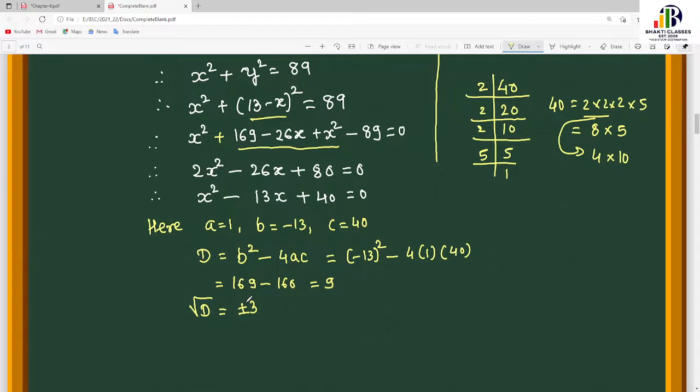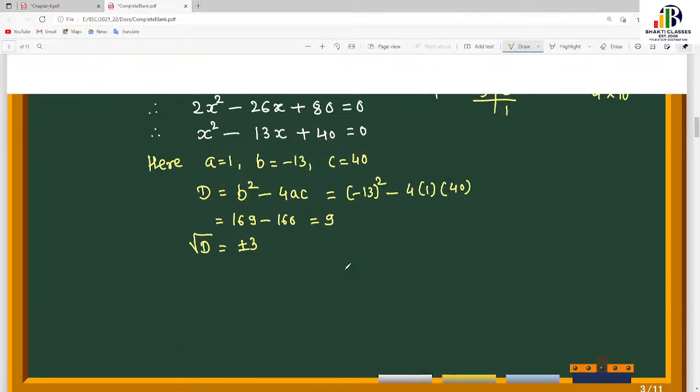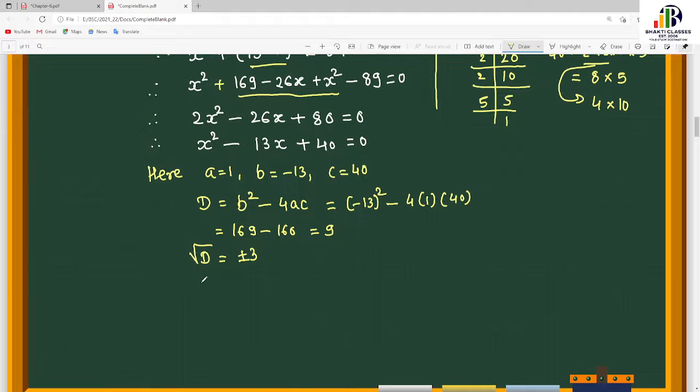So that x is equal to minus b plus root of d upon 2a, or x is equal to minus b minus root of d upon 2a, which is equal to minus of minus 13 plus 3 upon 2.